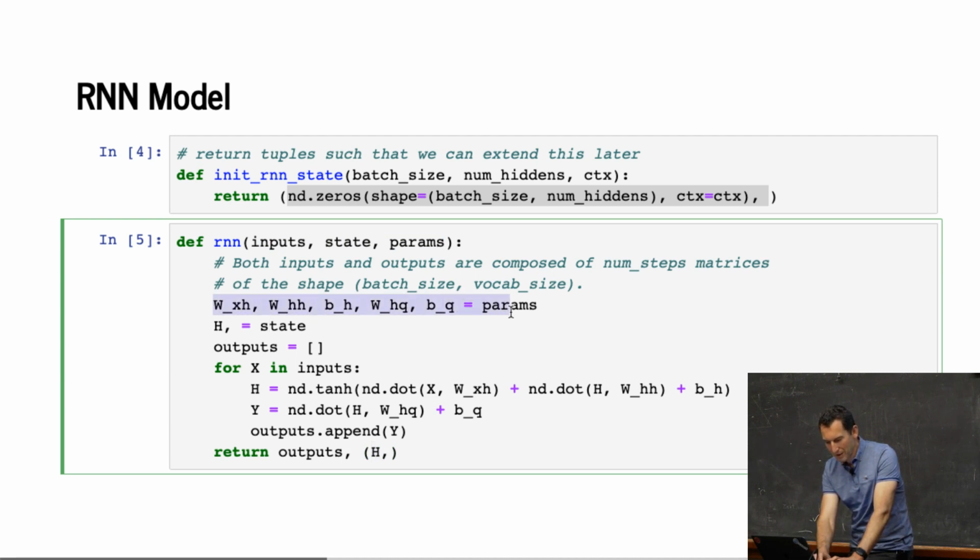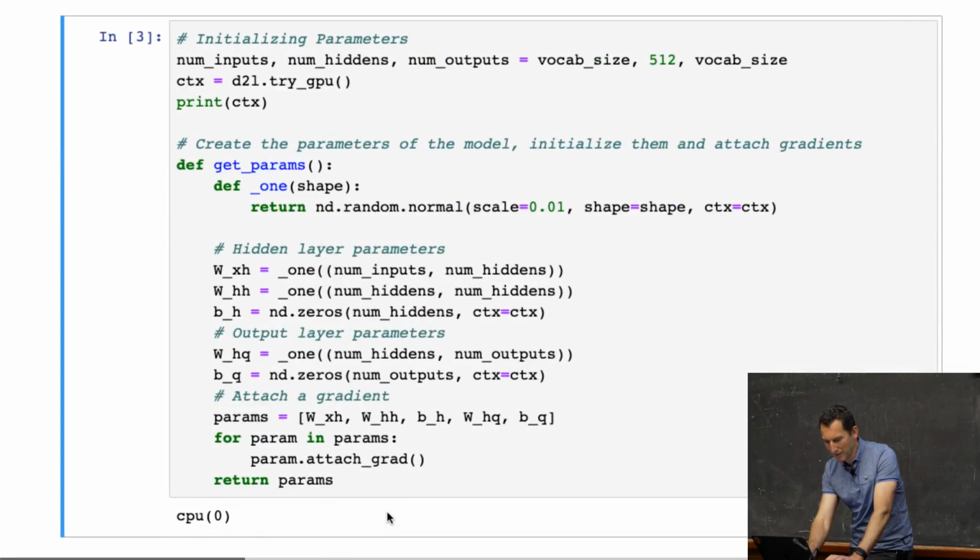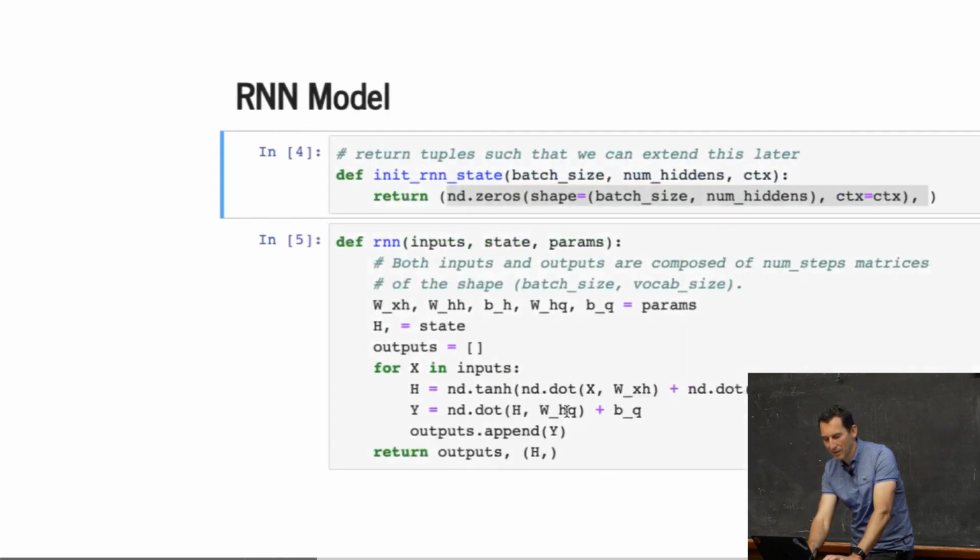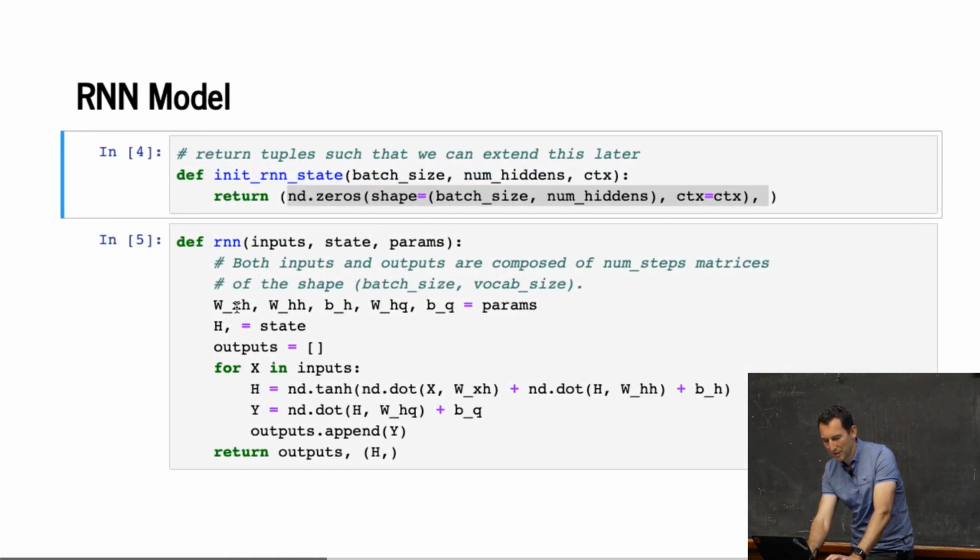So the first thing is I just pull out the parameters, right? Nothing really magic happened. I'm just taking the parameters that we had previously and I pull them out. So here we initialized all those parameters, WXH, WHH, BH, WHQ, BQ, and now all I'm doing is pulling them out of this parameter vector again.